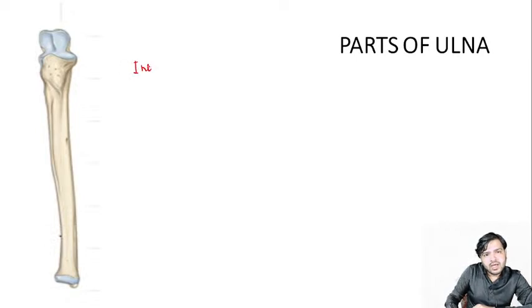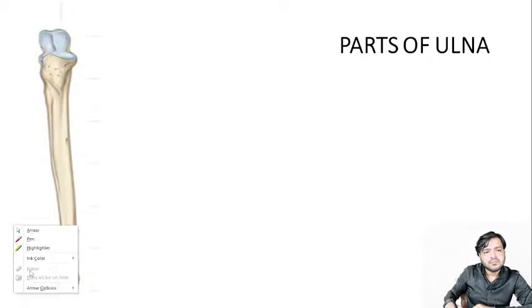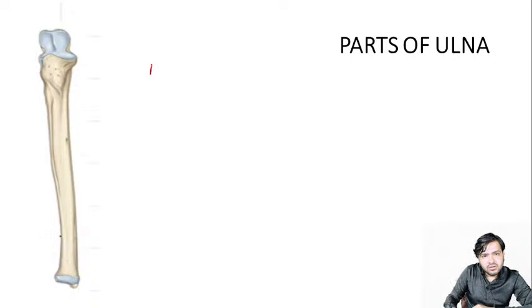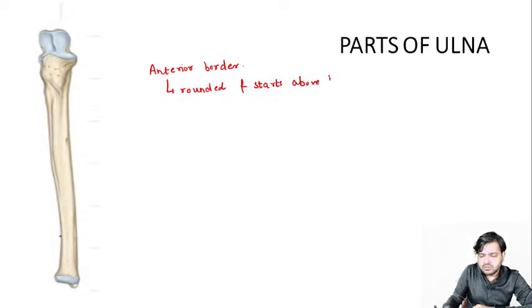So now write down that anterior border, remember it is rounded, and it starts above the lower end of the medial border of the coronoid process.